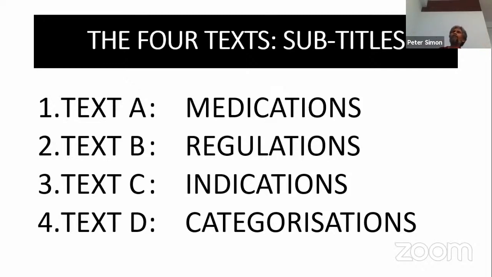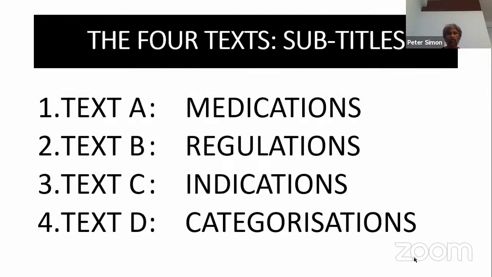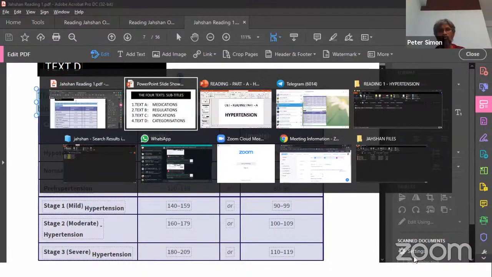Where will you find it? A person has 280. Is it 280? Okay. So you have to find out there. Now if it is 180 to 209, what should you do?